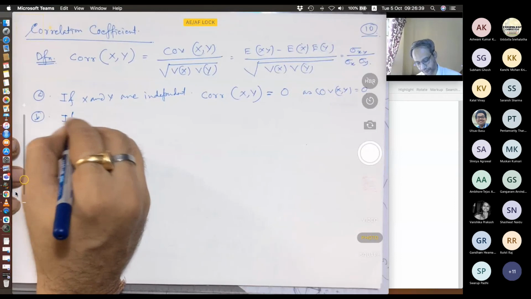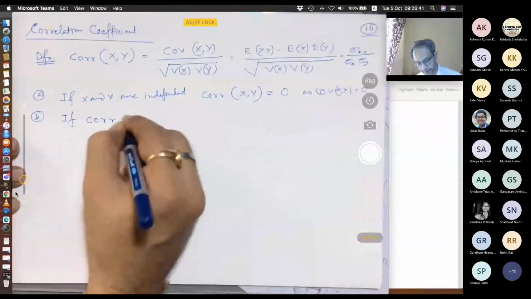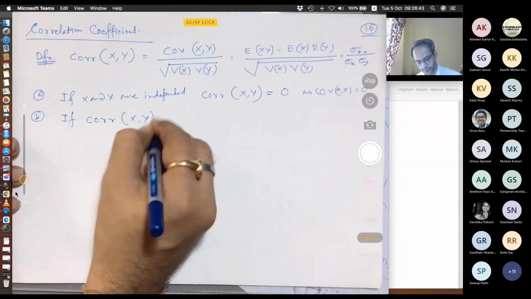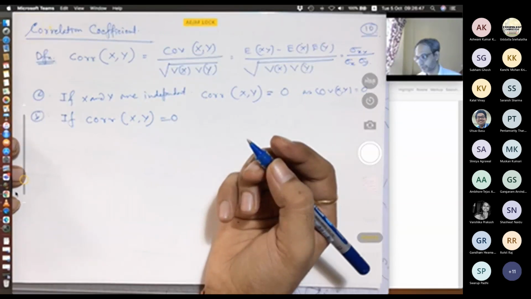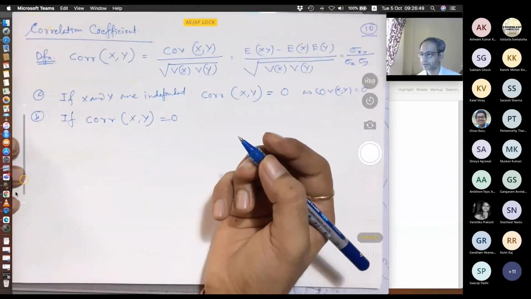B: if correlation of xy equals 0, will it imply they are independent? Is the reverse true?